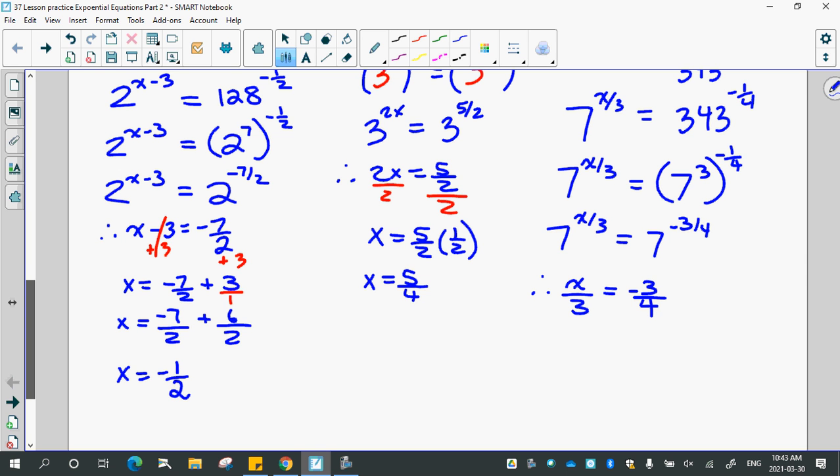How do I get x by itself in this style? Multiply by 3, good. So the multiplying by 3 undoes the divide by 3. So you get x to be negative 9 over 4. Good.